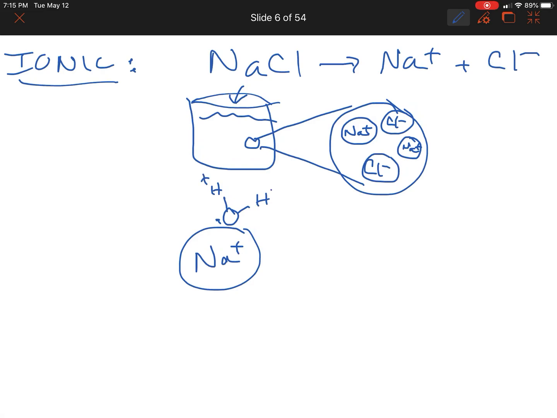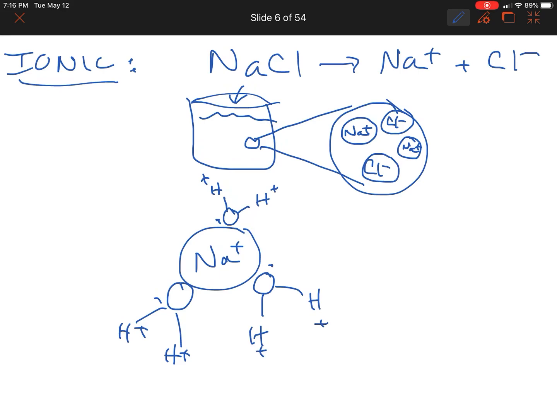That's a negative charge there, right? So the oxygen part of the molecule is going to line up around that sodium atom, because opposite charges attract, and the negative part of the oxygen is attracted to the positive part of the sodium.